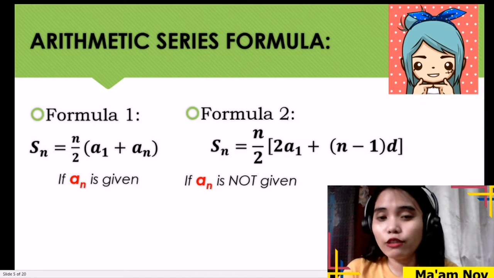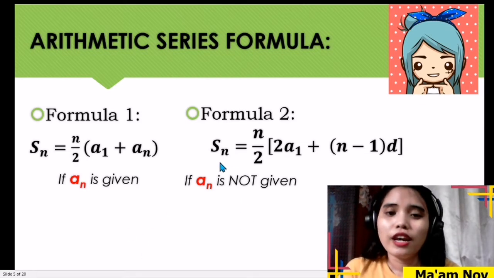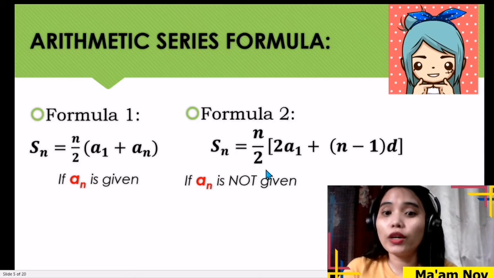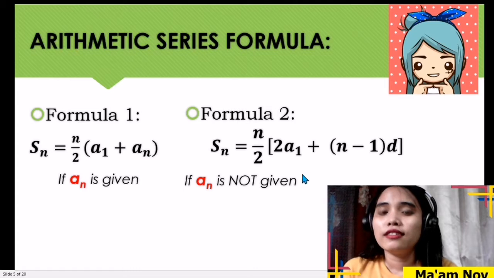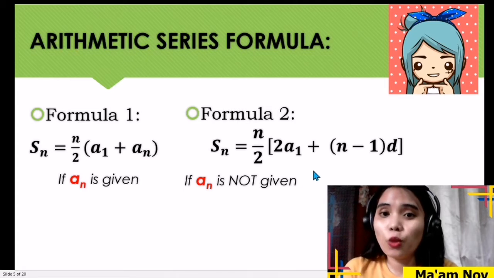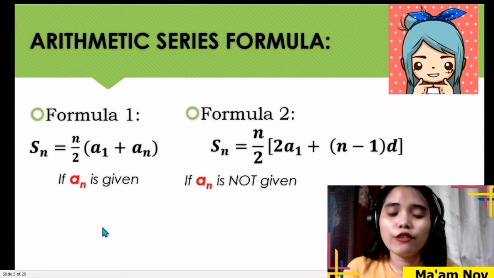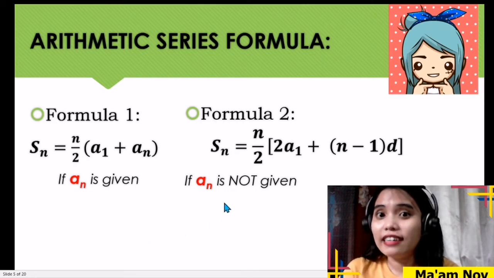So, ito naman ang ating formula, the formula 2. S sub n equals n over 2 times the quantity of 2 times A sub 1 plus the quantity of n minus 1 times the common difference. So, again, we have two formulas if given yung last term and if not given ang last term.